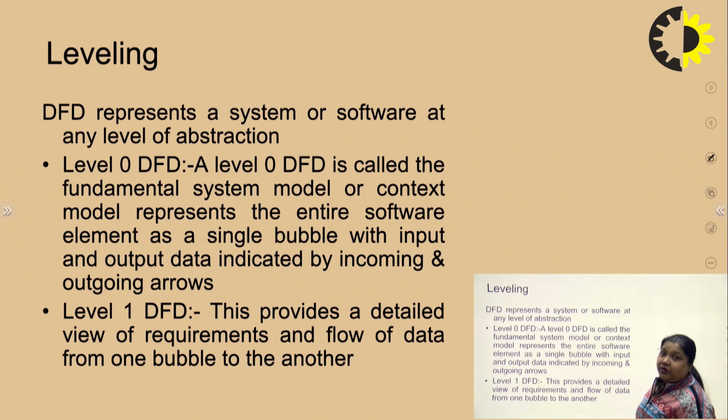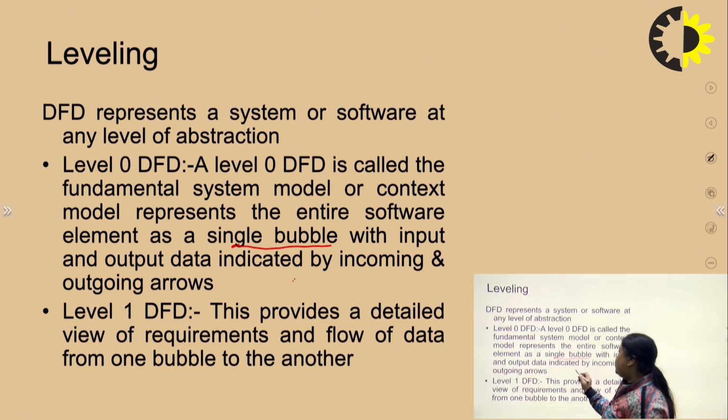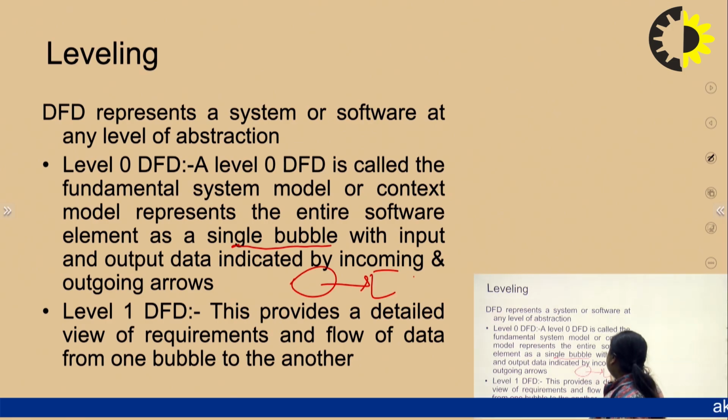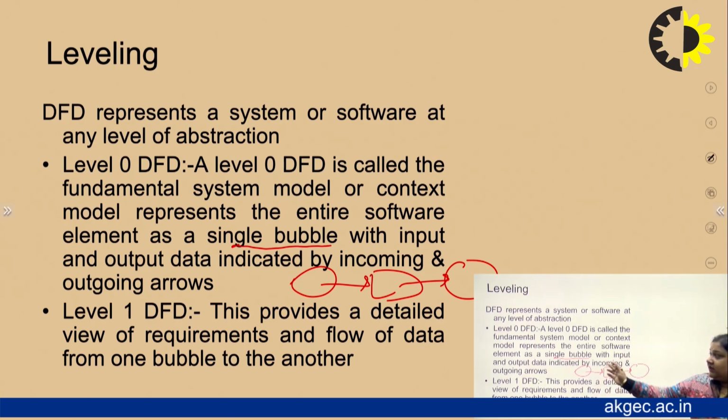When we talk about level 0 DFD, it is called the fundamental system model or context model, and it represents the entire software as a single bubble with input and output data indicated by incoming and outgoing arrows. This is the level 0 representation of a DFD.